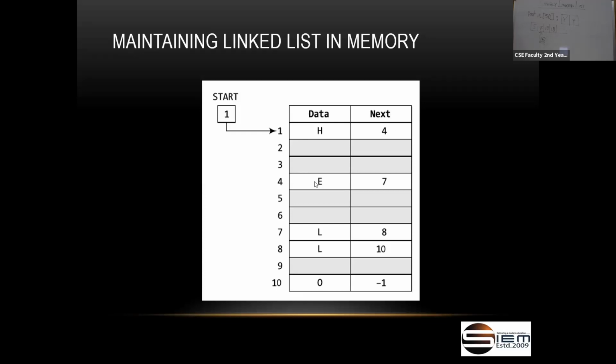At 4, I get E. Next part is 7, so the next node address is 7. I come to 7 and I get L. From here, I go to 8. In 8, I get L again. Next is 10. At 10, I get O. And in the next part, I get null. That means the linked list ends here. So what did I get? HELLO. Hello. Now is it clear?